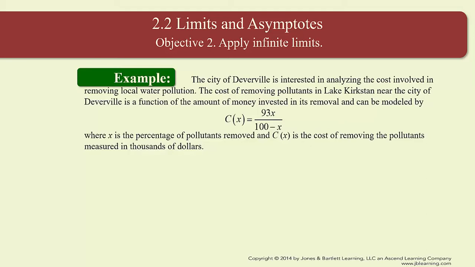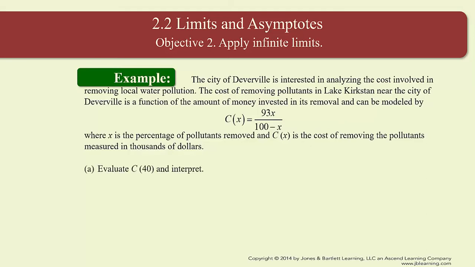The cost of removing pollutants in Lake Kirkstand, near the city of Deaverville, is a function of the amount of money invested in its removal, and it can be modeled by C of x equals 93x over 100 minus x. Here, x is the percentage of pollutants removed, and C of x is the cost of removing the pollutants, measured in thousands of dollars.